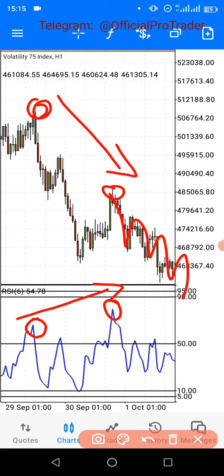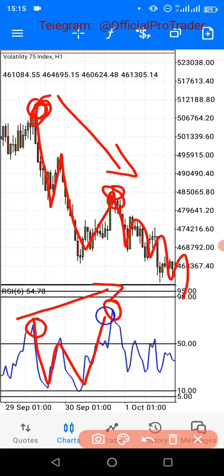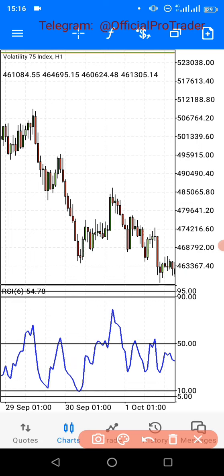All right, so divergences help you to actually make good entries in combination with market structure. For instance, in this very situation, price made a high, a low, a lower high, a lower low, then a lower high level. Having seen that the indicator had already given you a hidden bearish divergence, it tells you that price is continuing to the downside. All you're looking for is a rejection at this level.